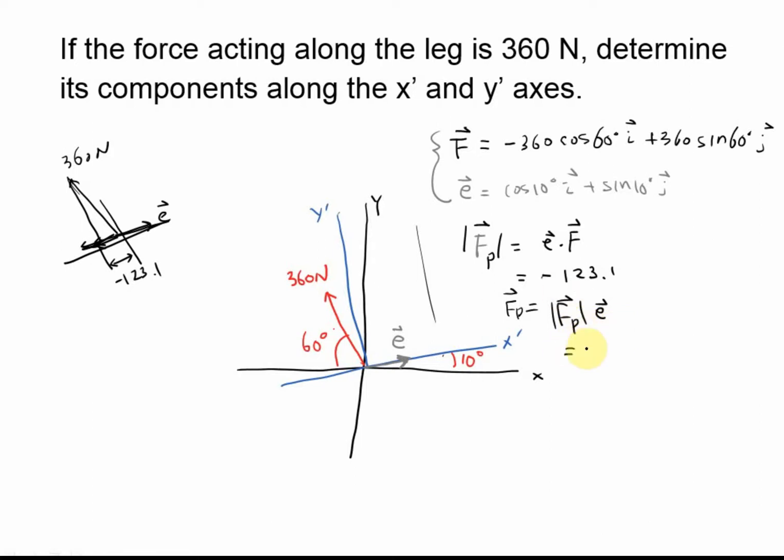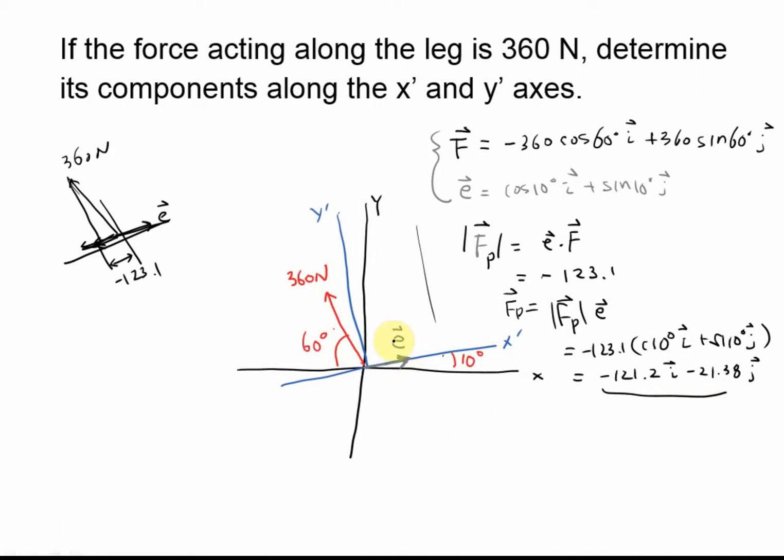So negative 123.1, and E vector is cosine 10 degree i plus sine 10 degree j. If you do that, you get 121.2 i and negative 21.38 j. Okay, that's the component along the x prime.